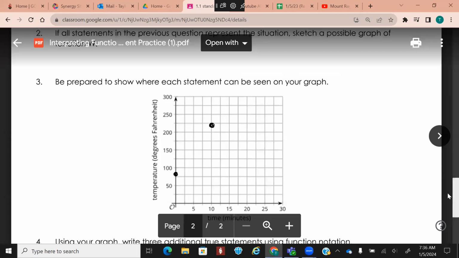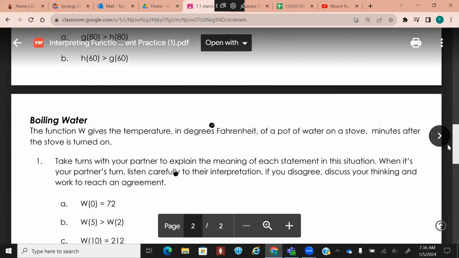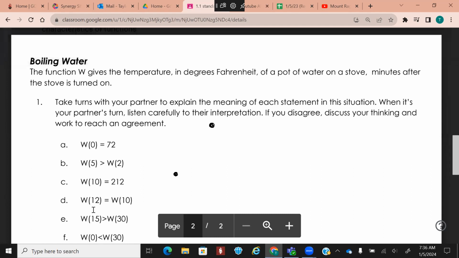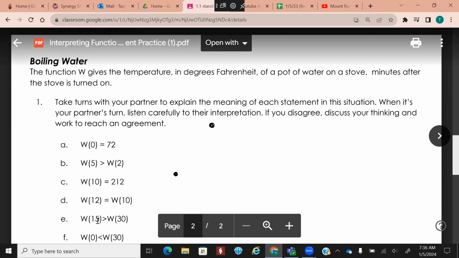Now we have these other things that they tell us up at the top. On part B, it said 5 minutes was greater than 2 minutes. Then 10 minutes was equal to 12 minutes. And then 15 was greater than 30. What happened at 15 minutes and 30 minutes?